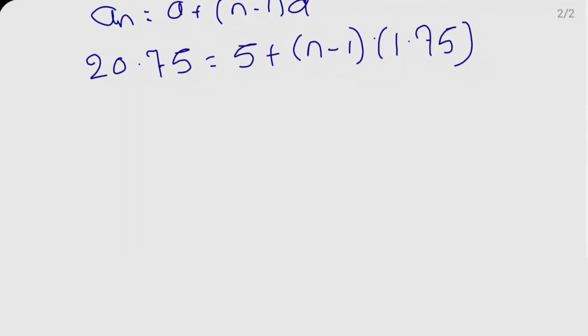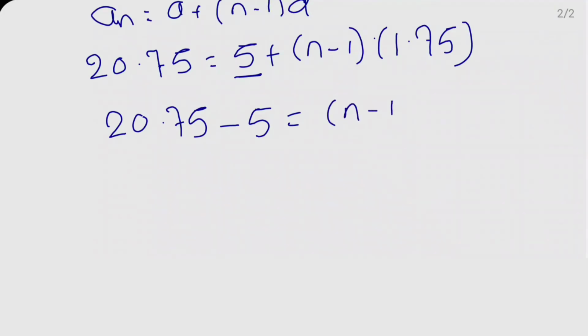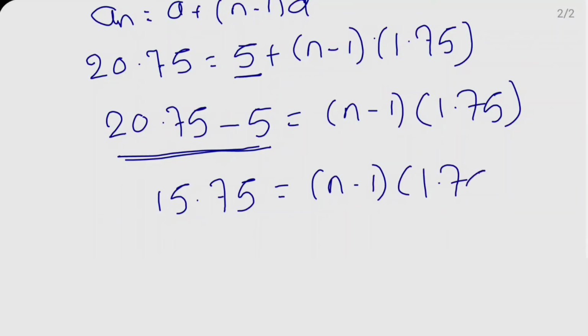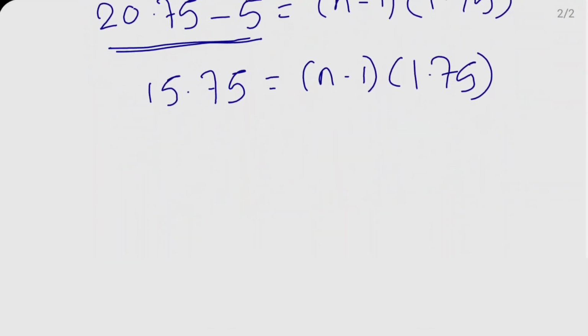So now 20.75 as it is. So this 5 comes to the LHS, it becomes a minus, and this equals n minus 1 into 1.75. So now make this subtraction. We got 15.75 and this equals n minus 1 into 1.75.